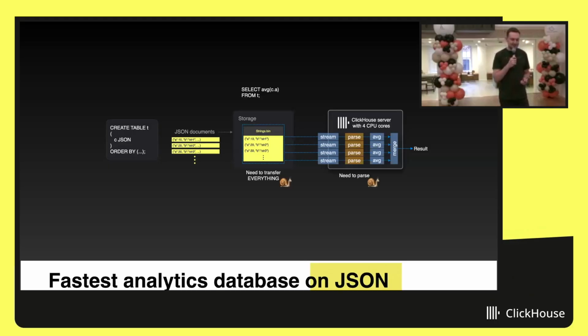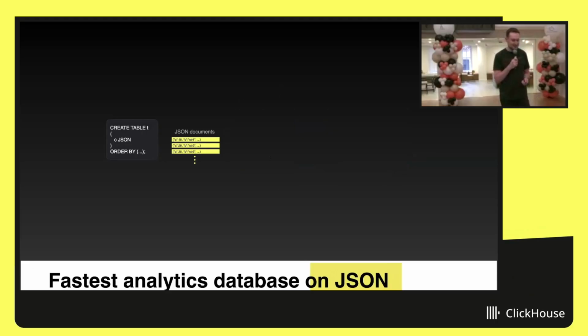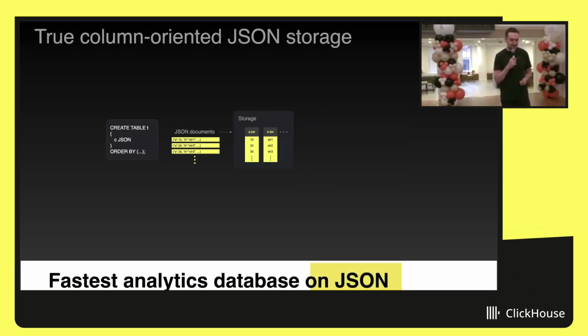Okay, so here are the disadvantages. We need to parse it. It is not fast. So let's take a look at the new true column-oriented JSON storage. ClickHouse will analyze different paths inside these objects and store them separately. Sounds simple, sounds easy.